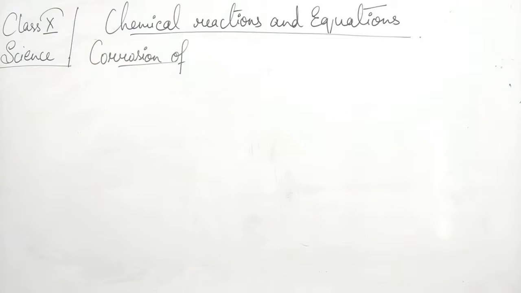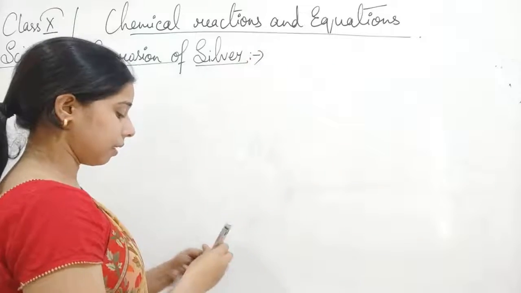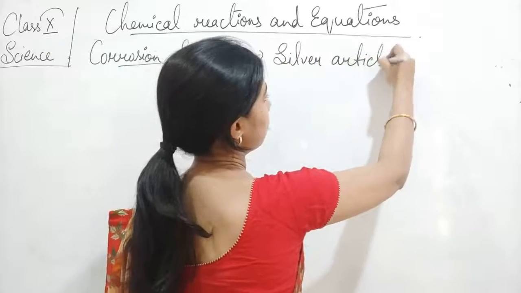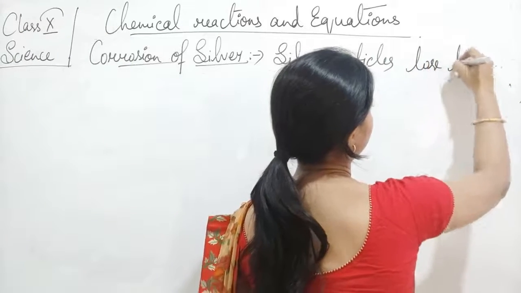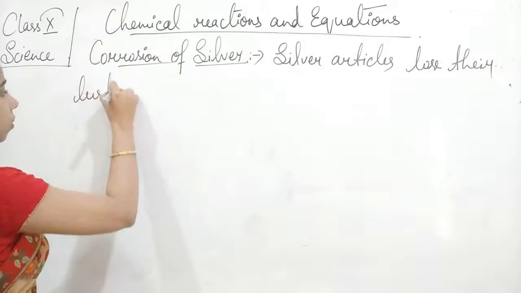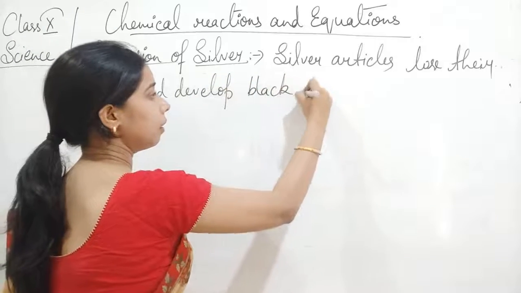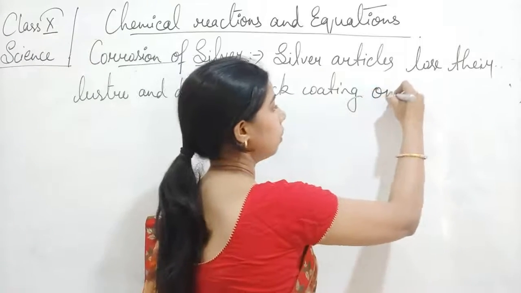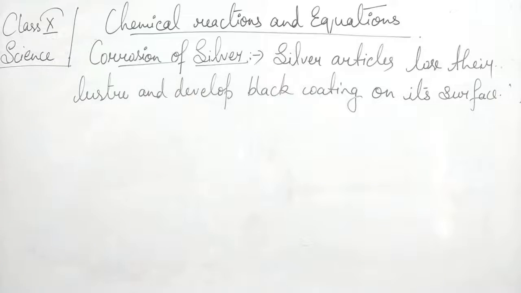So we can write it that these silver articles basically lose their luster and develop a black coating on its surface.